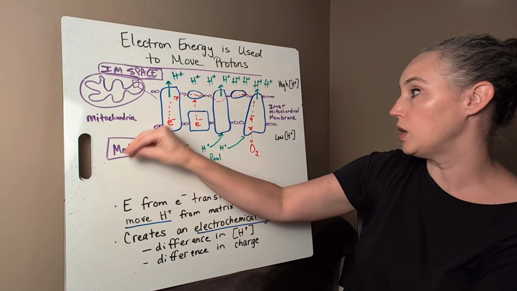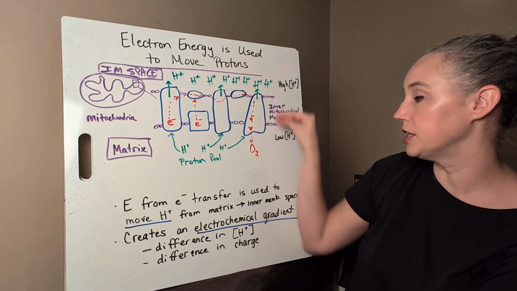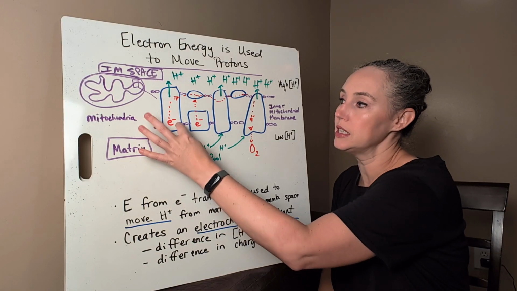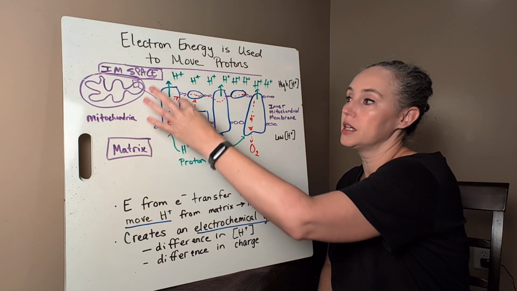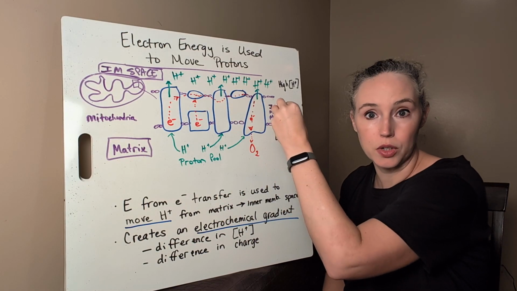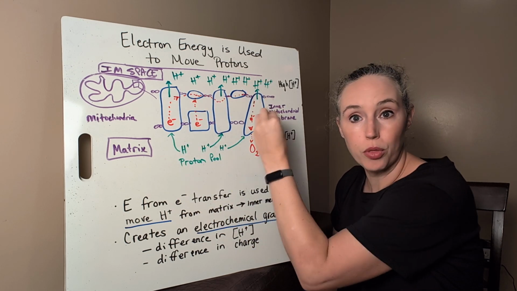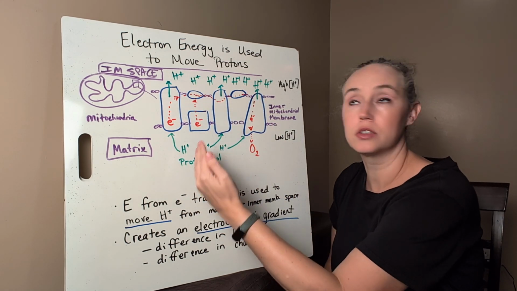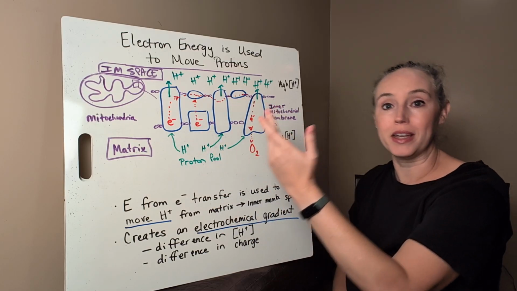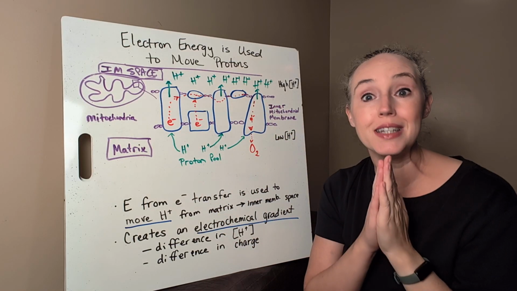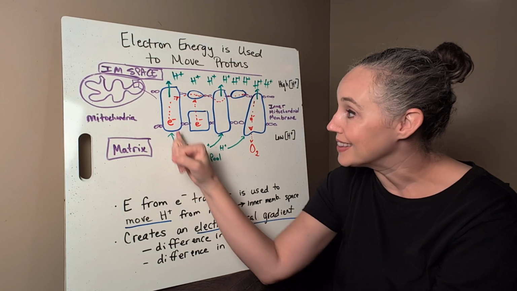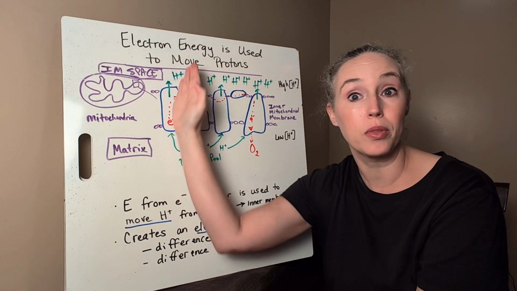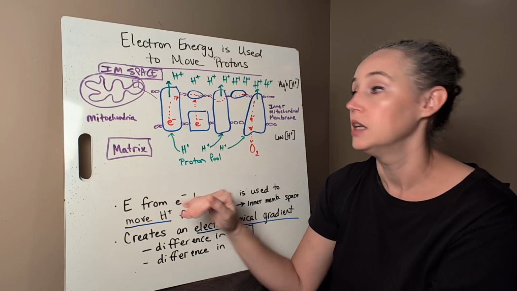So this is why electrons have to do their job: to pump protons through. Not only are these proteins oxidizing and reducing to pass electrons, but as the electrons move through, certain channels, hydrophilic pathways, are opened in these proteins to allow the protons to pump through and not come back out.